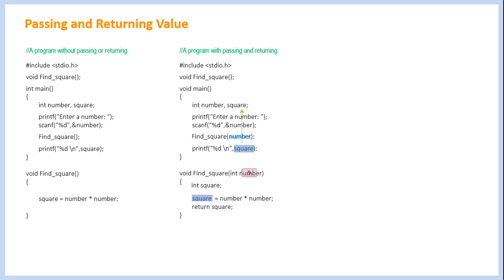To solve this problem, we need to add this. This is a returning value mechanism. So what happens is, when a function returns to the place from where it was called, the value in variable square, which is 25 in this case, also travels like this.